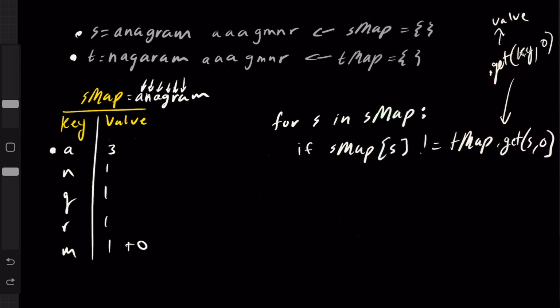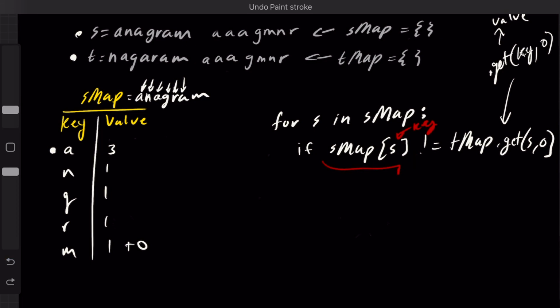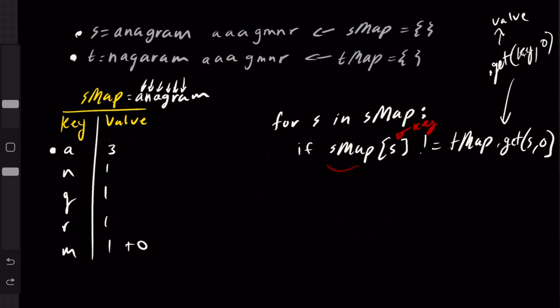So this is the key, and when you call it, you get the value, and then you're comparing it to tmap's value. You're inputting the key to get the value. So essentially you're getting the key a, and then you're returning the value, which is 3.